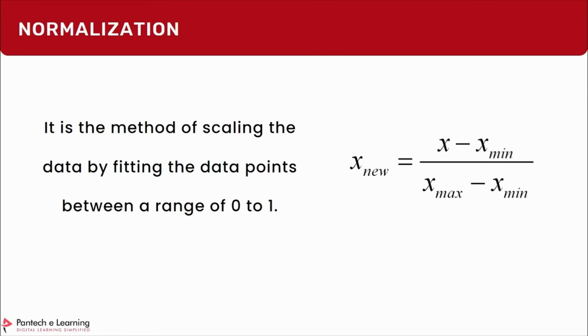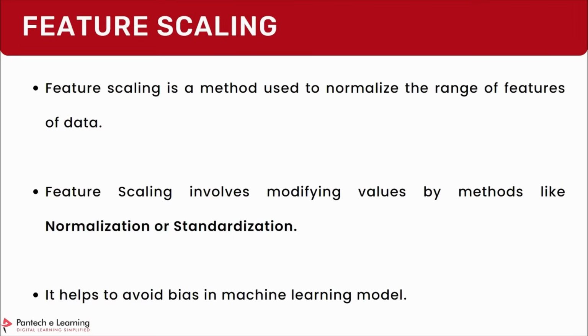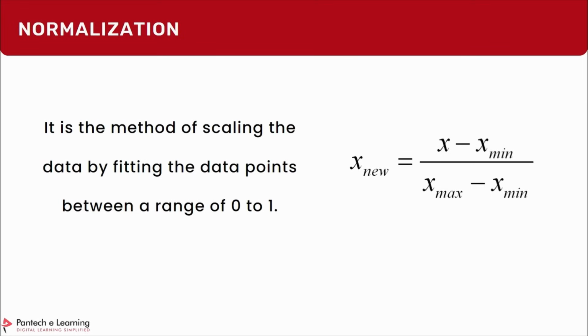Talking about that, we have two methods, right? We have discussed the types, which are normalization and standardization. Talking about normalization, it is a method of scaling the data by fitting the data points between a range of 0 to 1.